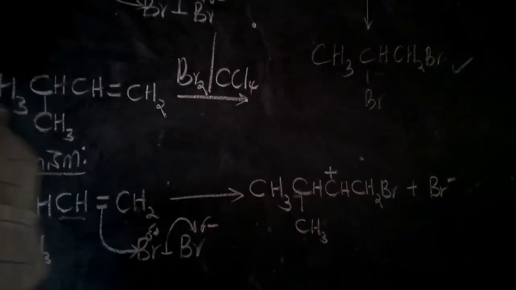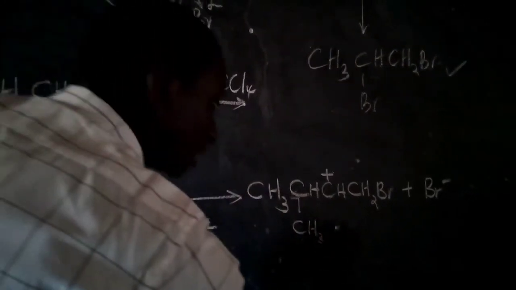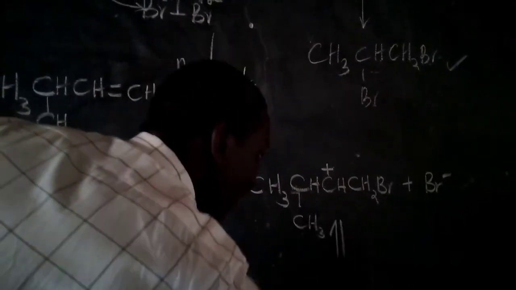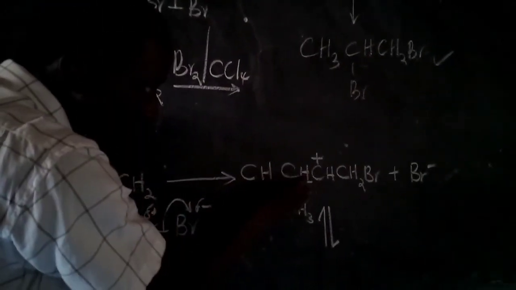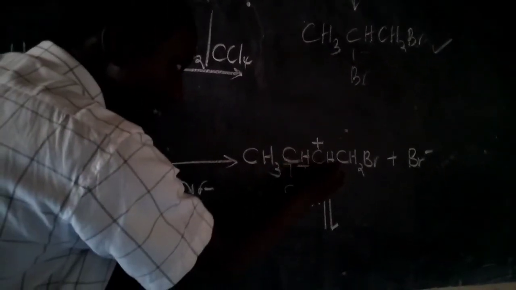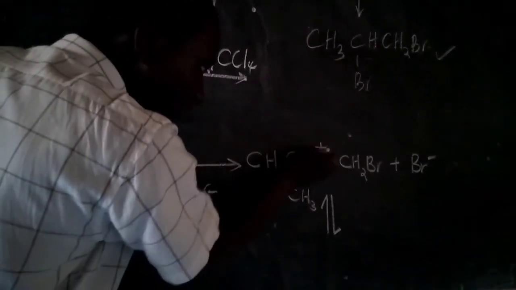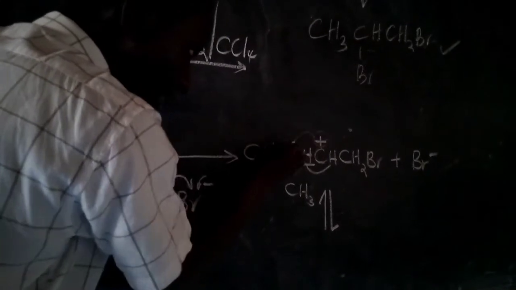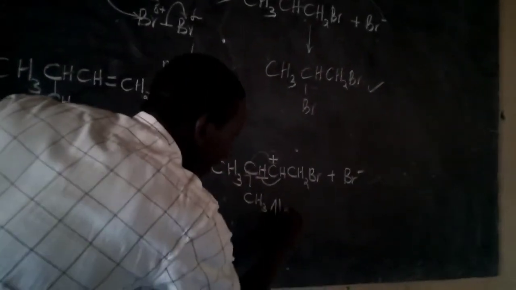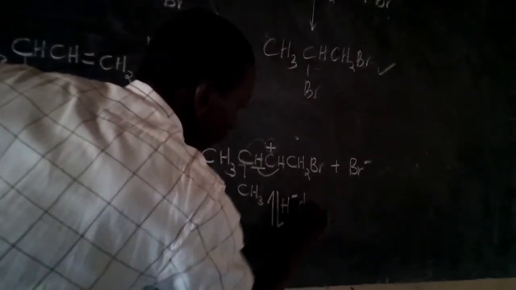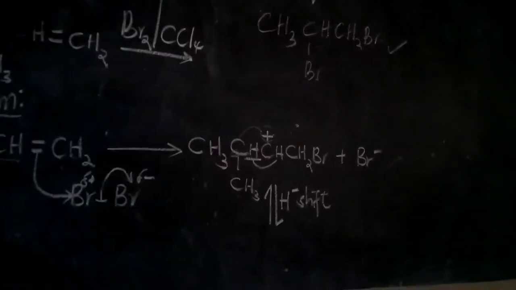So it means we must undergo what we call the rearrangement. The hydrogen shift must take place, whereby this hydrogen must come this side as this positive comes there to give us the tertiary carbonium ion. So we are having rearrangement or hydrogen shift.